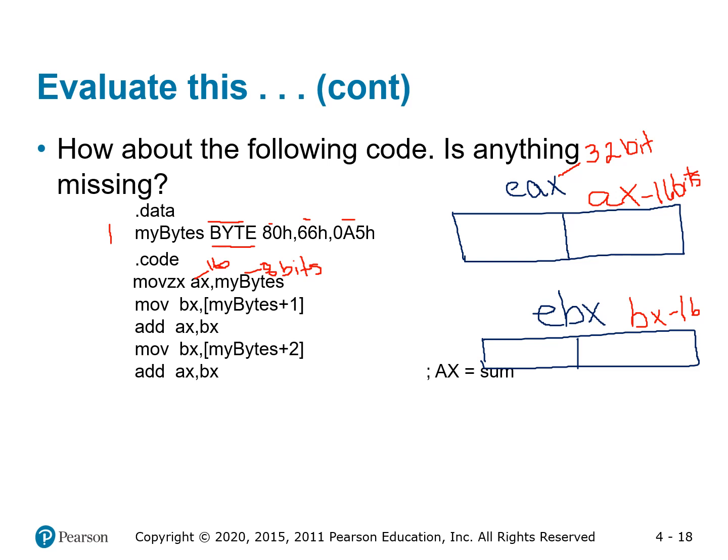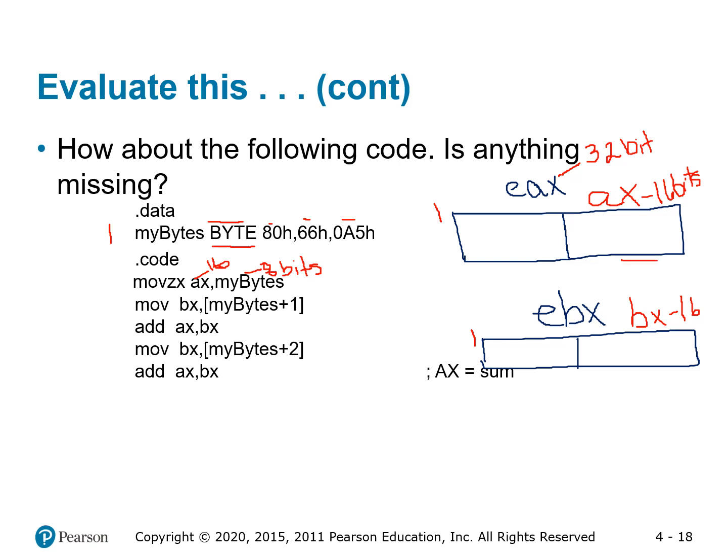Then we're using the AX and the BX register. So I've drawn on the right-hand side the EAX register, the EBX register, and I divided them showing you where the AX lives. So AX and BX are going to be the lower 16 bits of these registers.